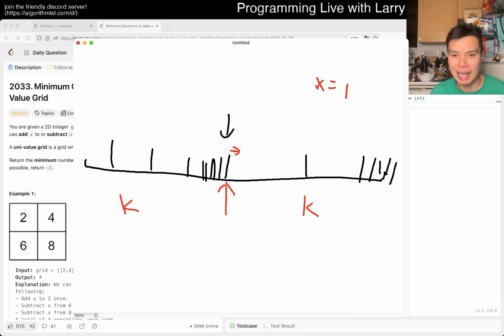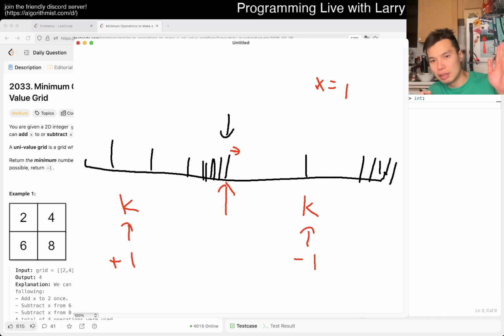What happens? These k numbers all go plus 1, because they're now one farther away, so that means you're adding k. In the meanwhile, all these k on the other side go minus 1, because they move one distance closer. However, keeping in mind that we're at the median, the median itself is going to be one farther away, because we moved farther away from the one in the middle.